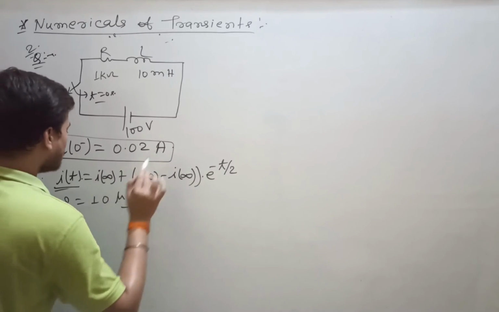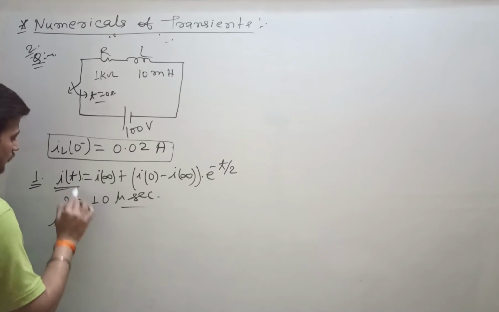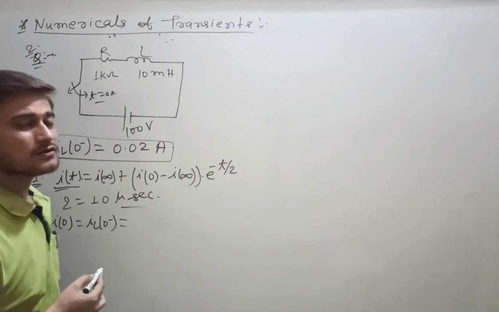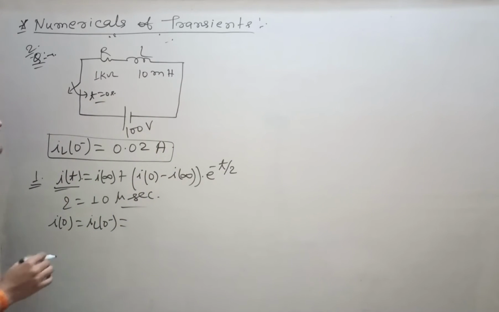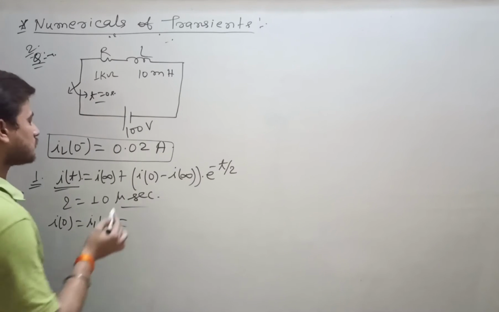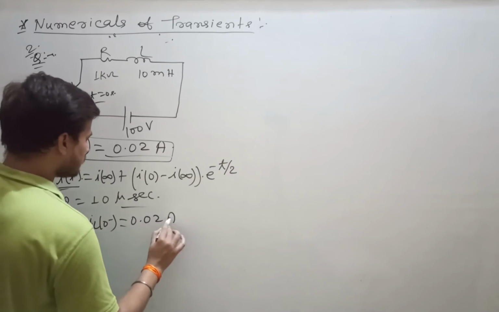Clear? Now what will be the value of I0? I0 will be equal to IL 0 minus, because inductor does not allow sudden change in current. Even if you close the switch at t equal to 0, the current will be same as the current before the switch closed. That means 0.02 ampere.